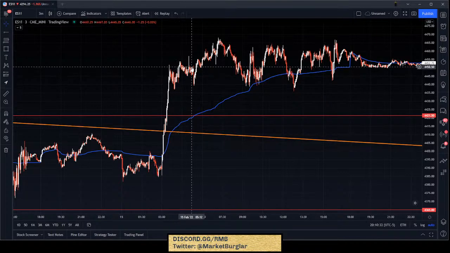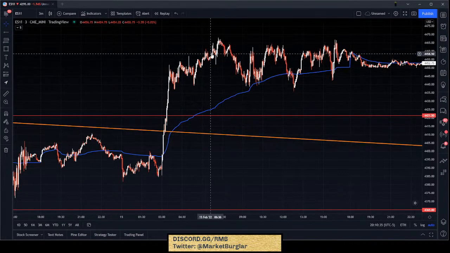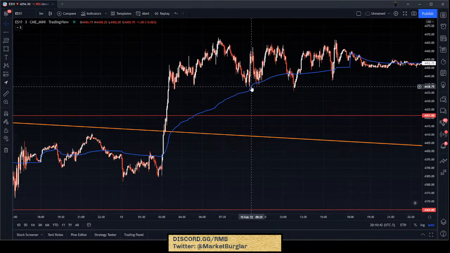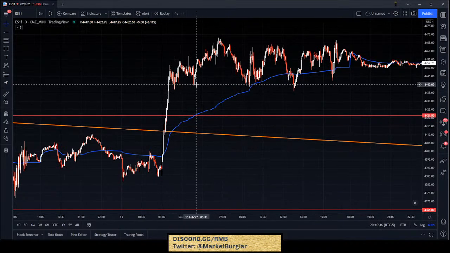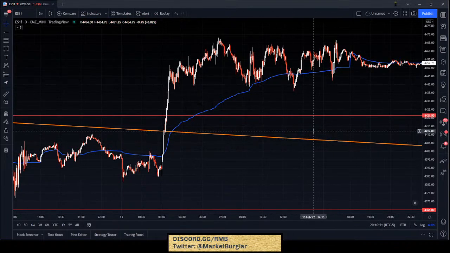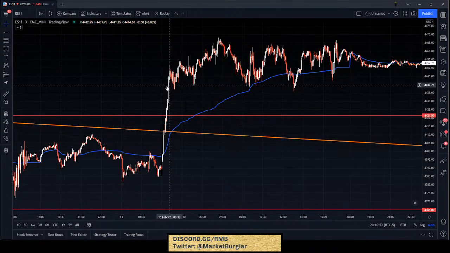What you would just do is use my scale in method and keep scaling in all the way up, as long as you're doing that double buy scale in method. And by the time you got back down to VWAP, you'd be green. This would be basically about the same spot you entered, but you'd be green. It's not the safest way, but it is a way.